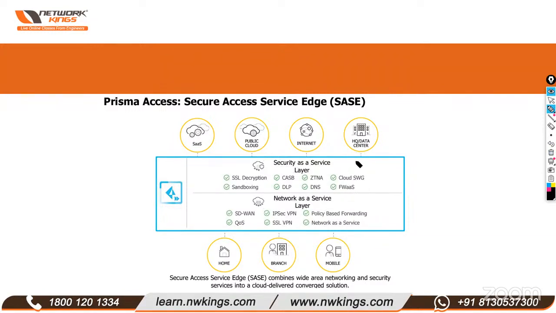Once you have this security as a layer, you can use SSL decryption, NAT, sandboxing, DLP, DNS security, and all those things. For that reason, you don't need any kind of device in that particular branch or the remote offices. You just need internet access. That's all.